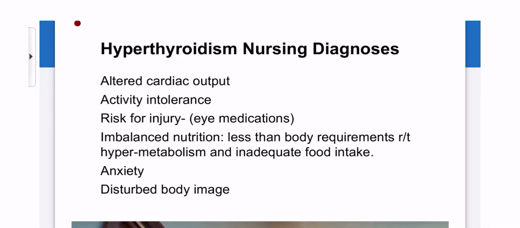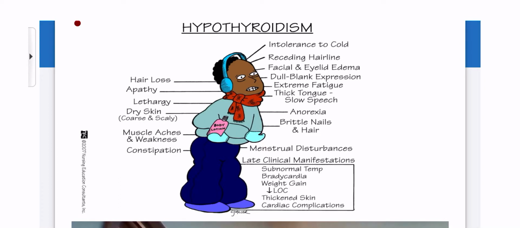So that's what we're going to say about hyperthyroidism. Let's move along then to hypothyroidism. Now, in this situation, it's just the opposite. Look over all of these things. This person is just slowing down. Late clinical manifestations. This is really late. The temperature drops.